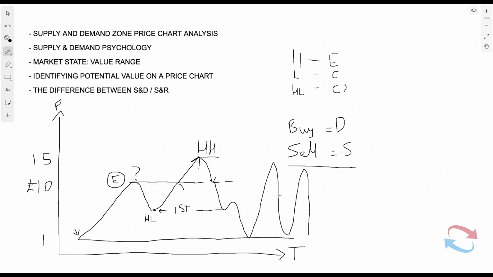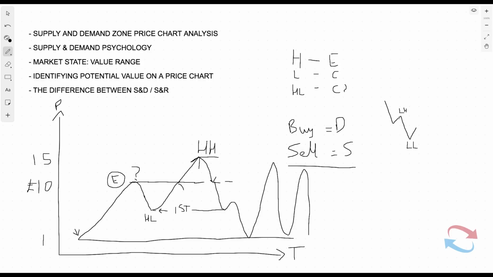So again, looking at it from a price chart perspective, these are the areas, higher lows, and in a downtrend it would be lower highs, that would be the actual area where you'd be looking to potentially buy or sell a currency. So for example, let's draw a bit here. So lower highs and lower lows, right? You can't get a lower high until a new lower low is made.